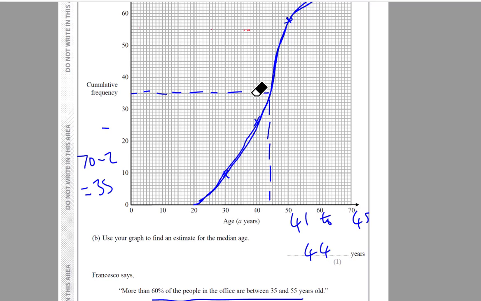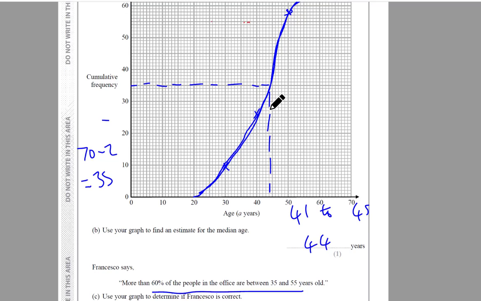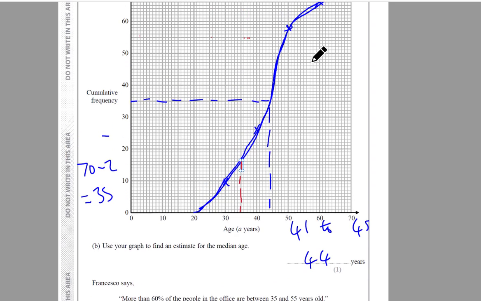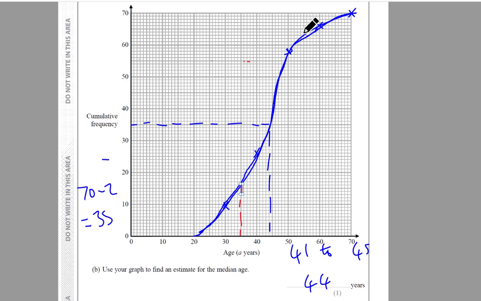So we're going to look at the ages. Double check your work. So 35 is here. 55 comes up to, say, here. So can you see how many people is that? That's 62 here. If we dotted the line up to here.